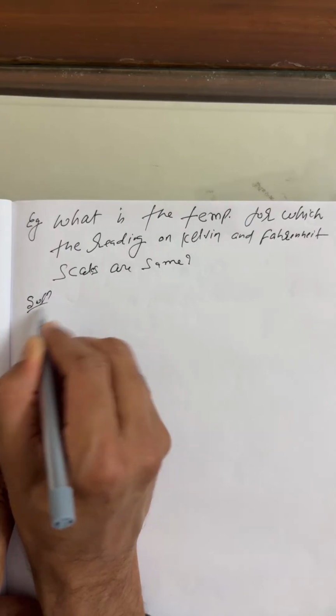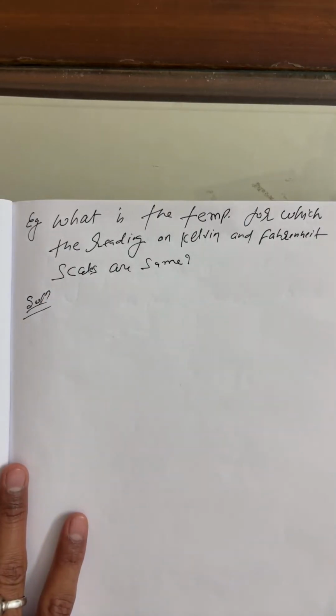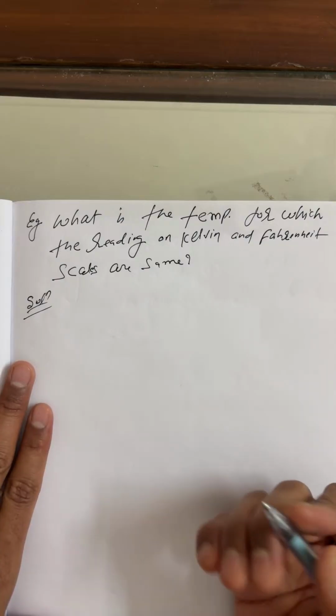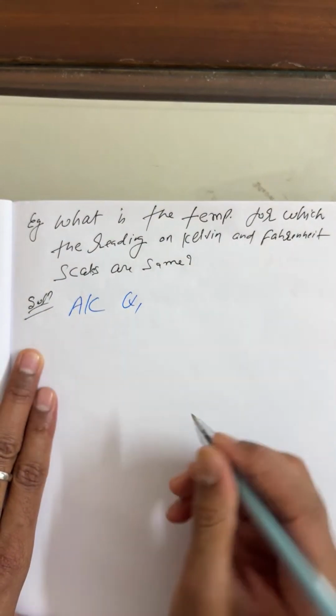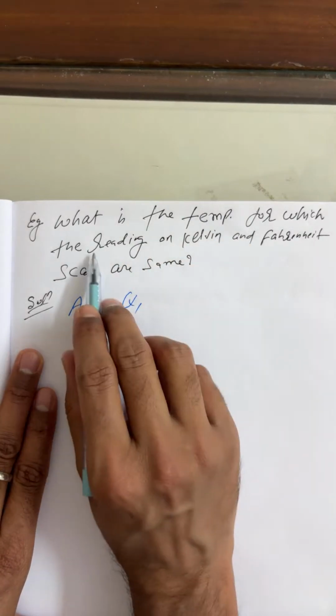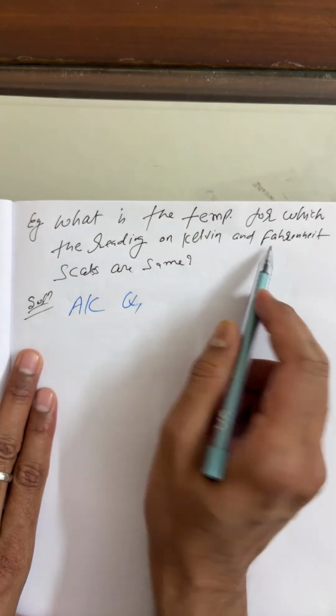Your calculation is faster than Google calculation. Very good. Okay, so what is the question? What is the temperature for which the reading on Kelvin and Fahrenheit remains same?